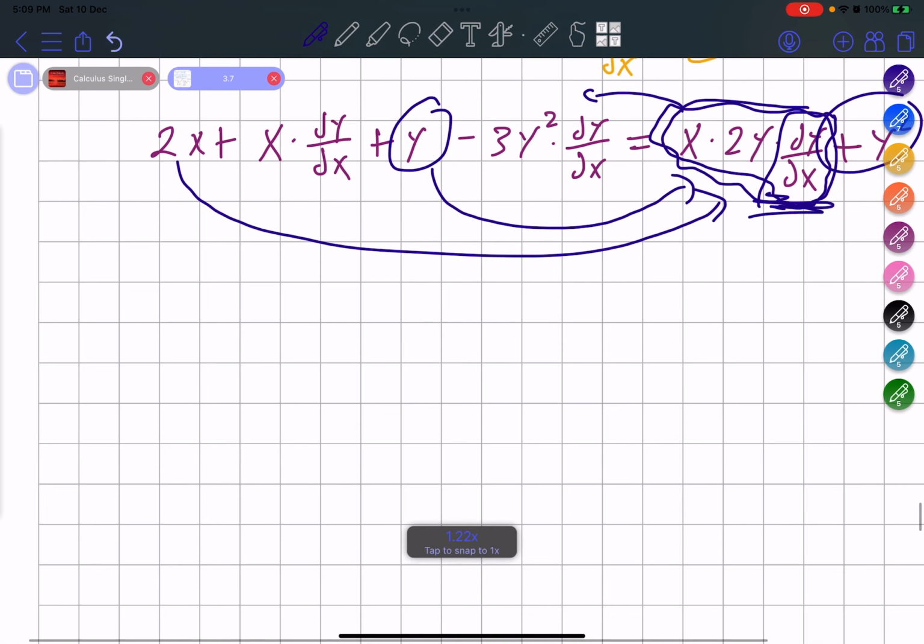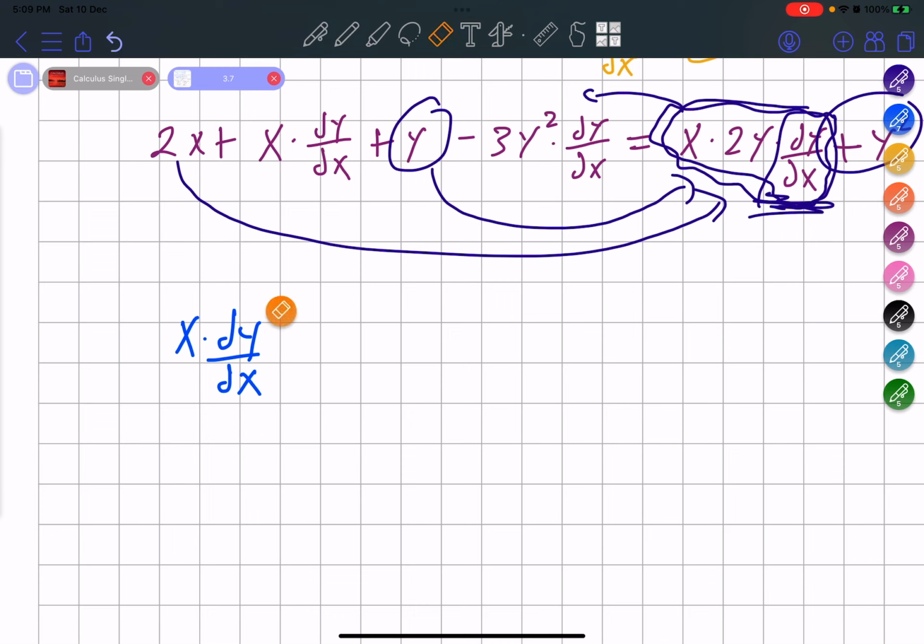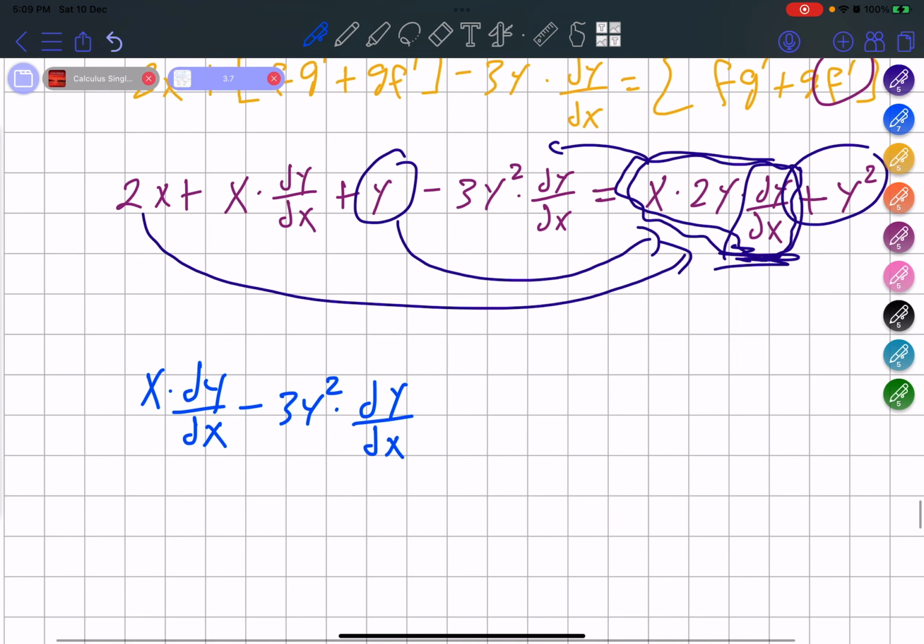Now, we may write it, so it becomes x times dy over dx plus, or sorry, minus 3y squared times dy over dx.